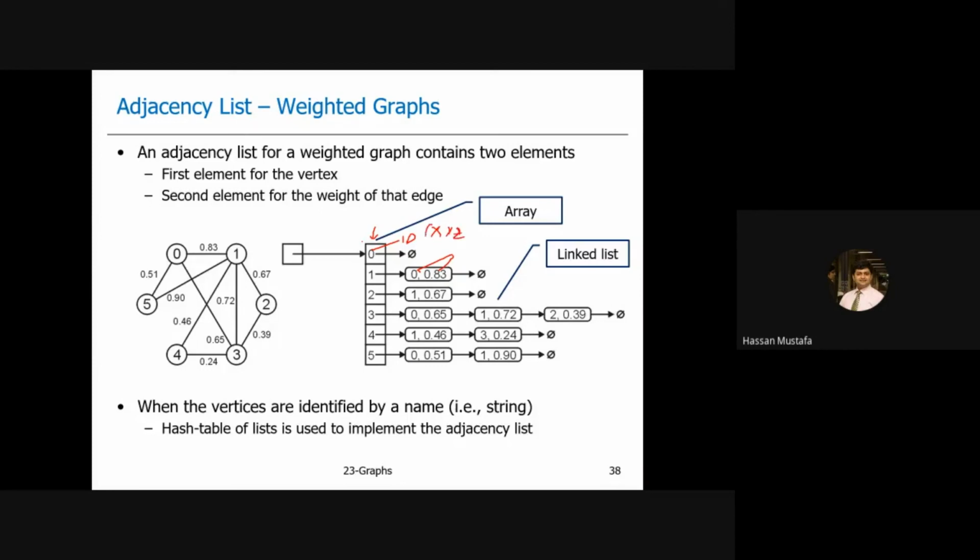We applied that hash function on this string, and what we got is the value 0. That is why we stored this vertex on index 0. Then similarly for some other string, we would get index 1 and then index 2 and so on. So we can hash these string values onto this array of vertices, and then on every vertex we can have the list of the edges that this vertex has. Okay, so that's the idea.